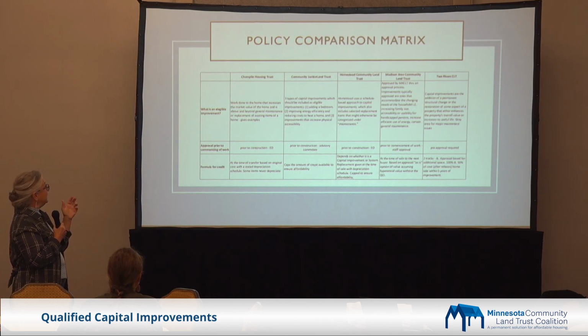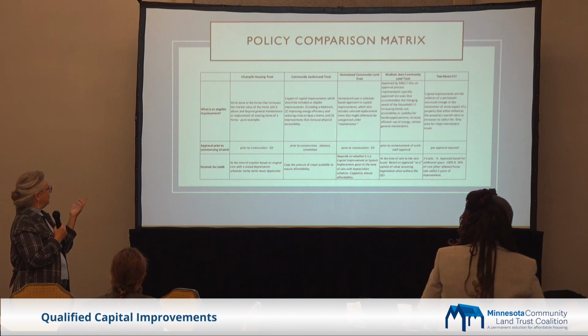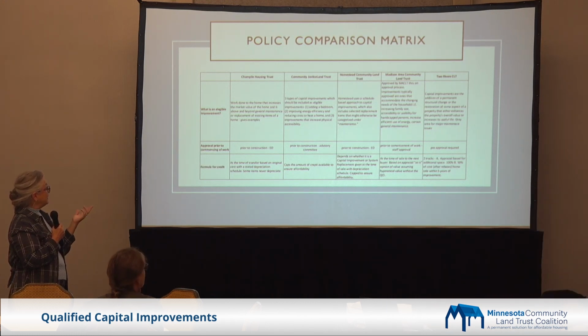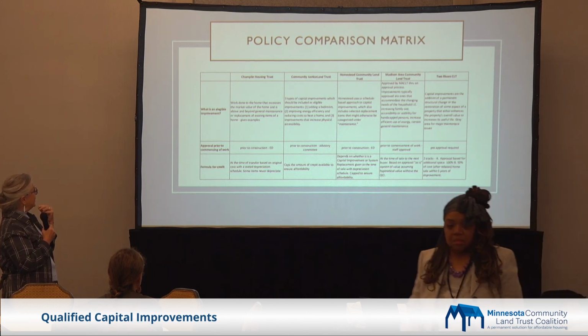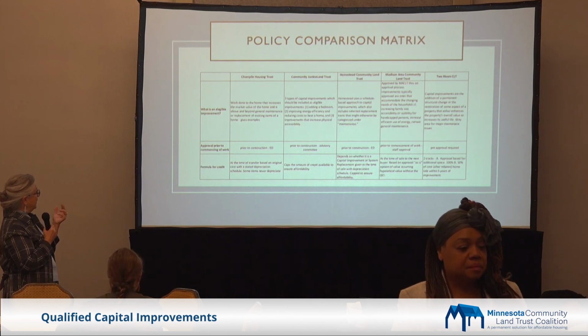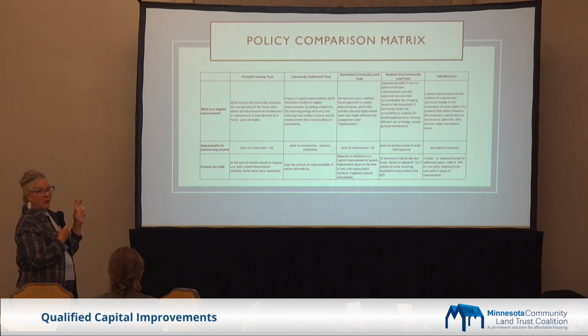But typically, it's to accommodate the changing needs of the household, because family sizes increase, so they want to put in another bedroom, or there's an accessibility issue, or energy efficiency. And then again, they do some of the general maintenance. And then Two Rivers, which is Sherry's, capital improvements are the addition of a permanent structure or the restoration of some aspects of the property that either enhance the property's overall value or increase its useful life. And then there are some gray areas in the maintenance.